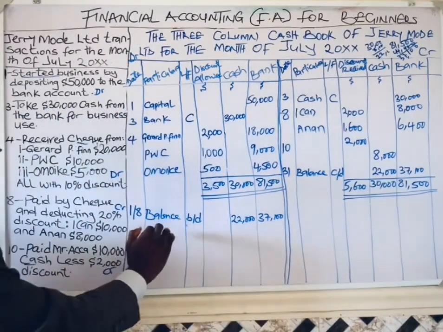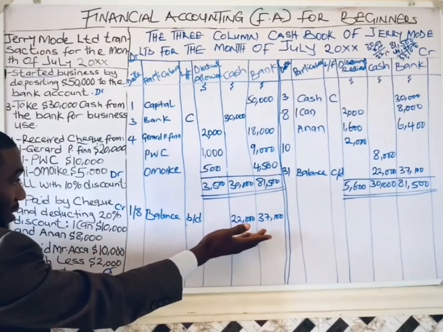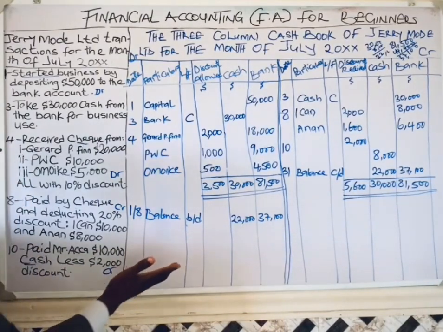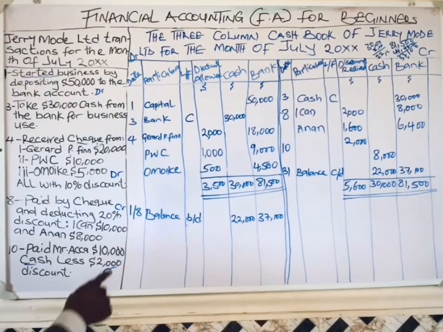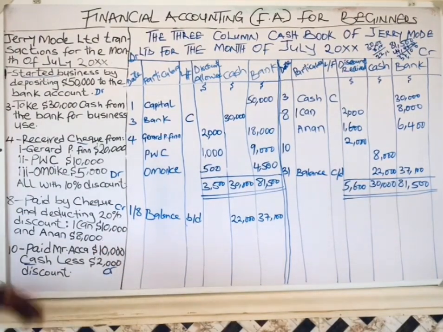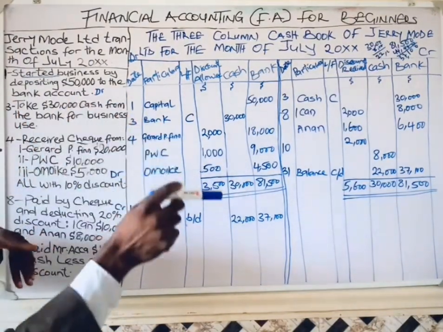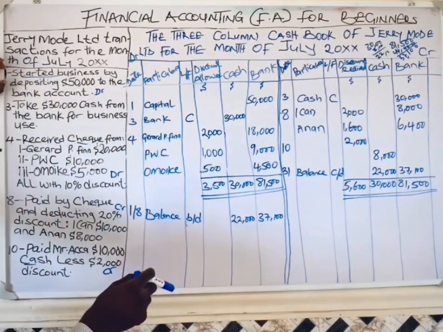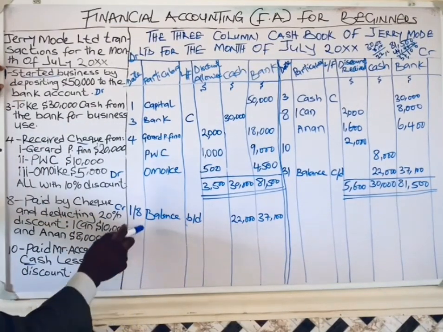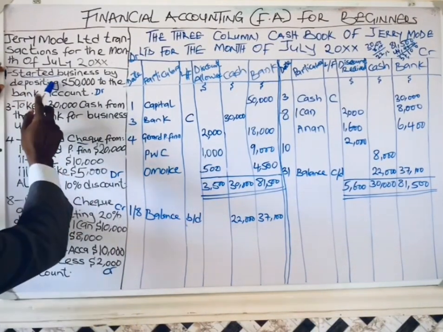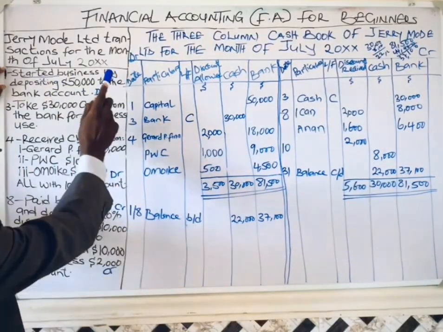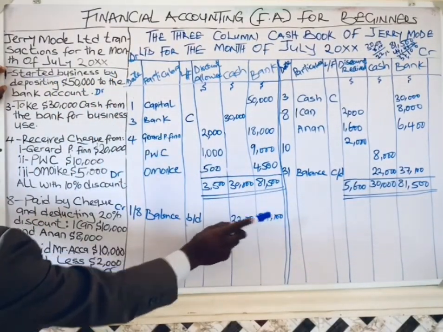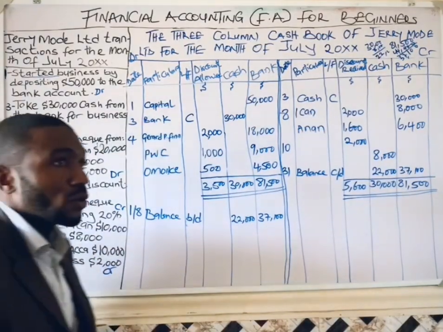So these are the balances that we have to continue our usual transaction in the next coming month, which is August 20XX. So this is a new business, but in the next month, August, you will see your transaction as 1st of August balances. For cash, $22,000. For bank, $37,100.